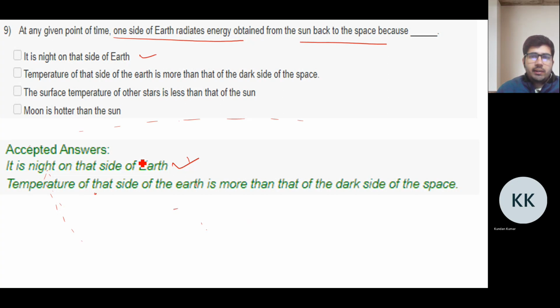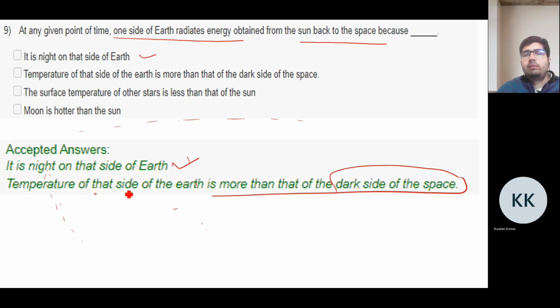And the temperature of that side of the Earth is more than that of the dark side of the space, because that dark side of the space is also in the shadow of the Earth. So that space is also not receiving the radiation of the Sun, and we know that the space does not have any matter, so the space is not able to retain any solar energy. So that area has a very low temperature. There will be a temperature difference, because the Earth has already retained some solar energy, so that will radiate to the space.